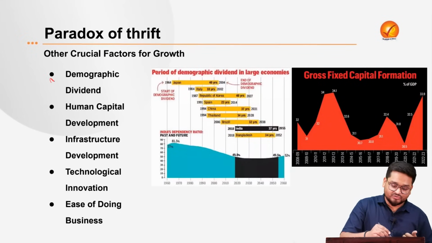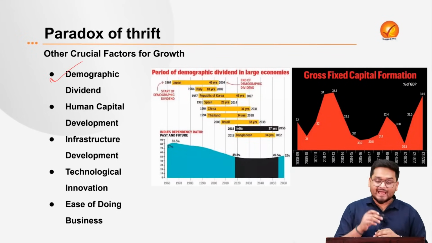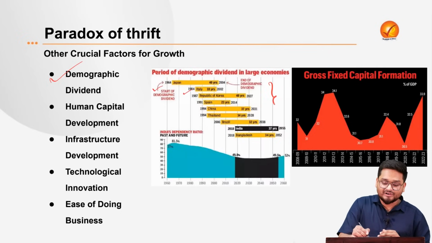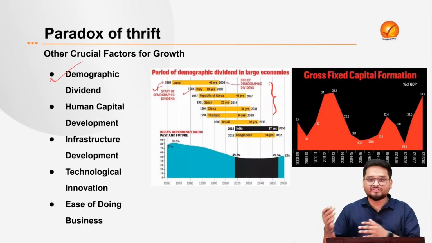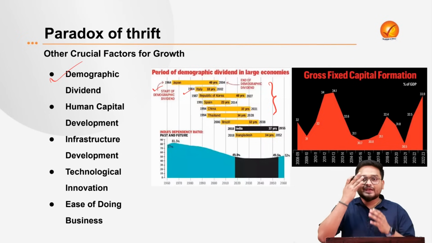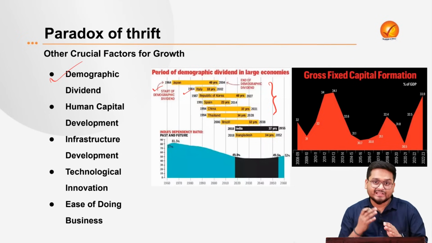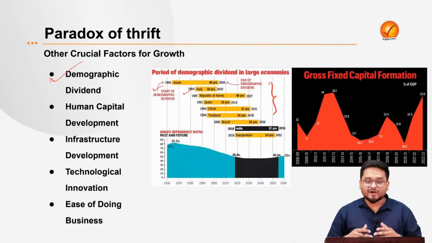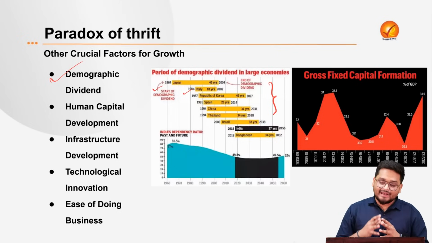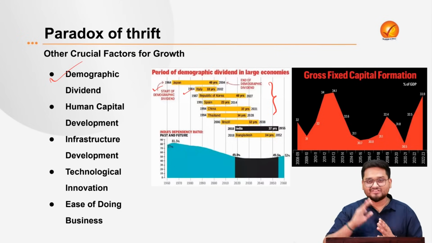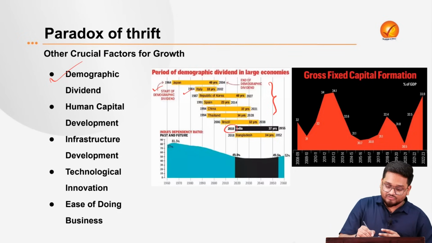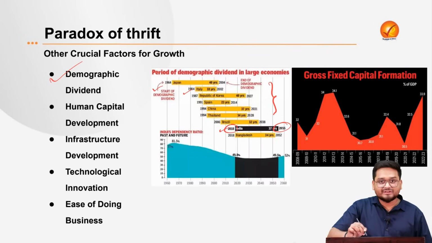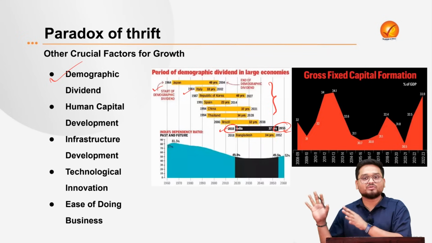Apart from this, we also need demographic dividend, because as you can see, countries like Japan, countries like Italy and so on, some countries of the West, some countries like China also, they had their demographic dividend and they utilized the people, skilling them with proper skills, and they also tried to increase their economic growth. According to various reports, India's demographic dividend window started in 2018 and will conclude in 2025.